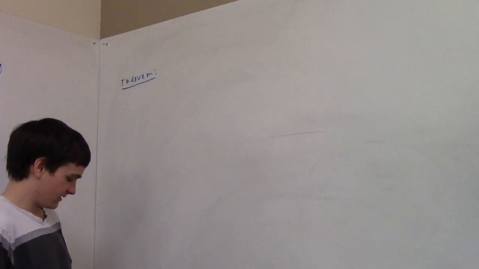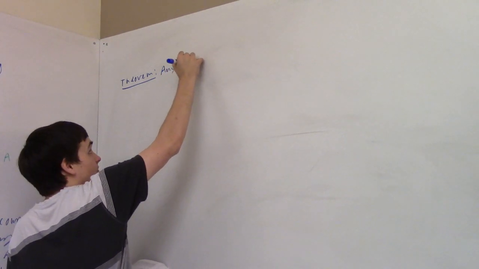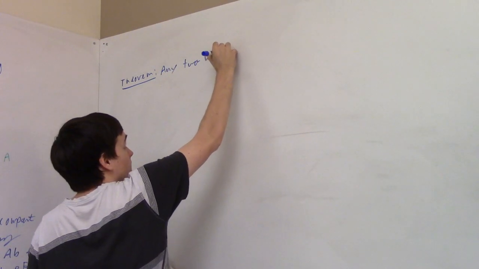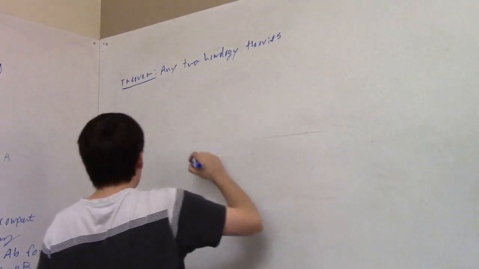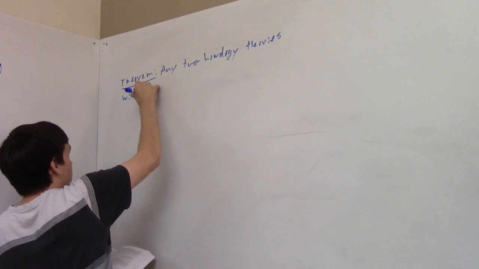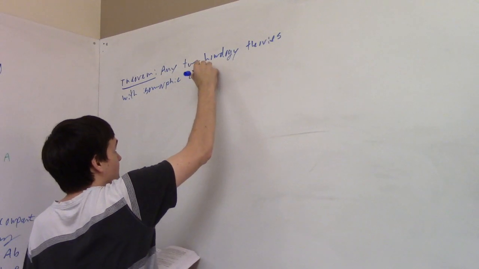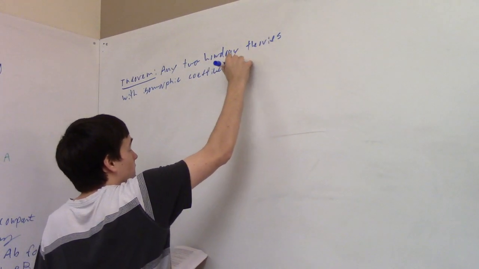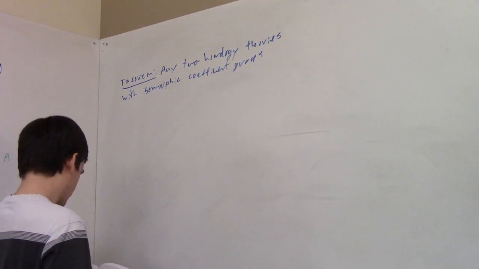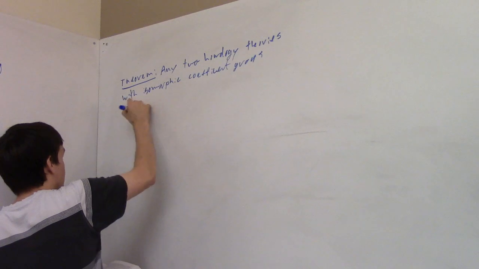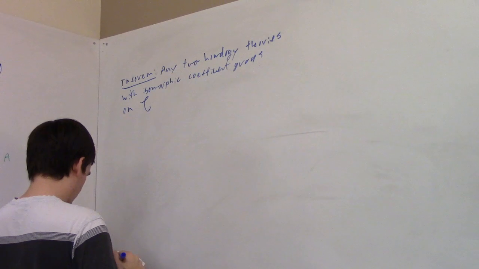Which they don't even prove here, this is the Eilenberg-Steenrod theorem. Any two homology theories with isomorphic coefficient groups on the category script C are isomorphic.